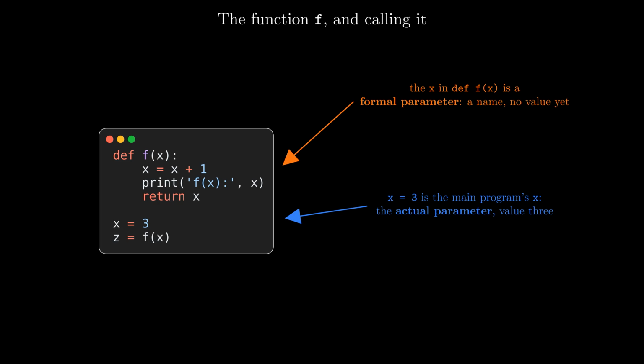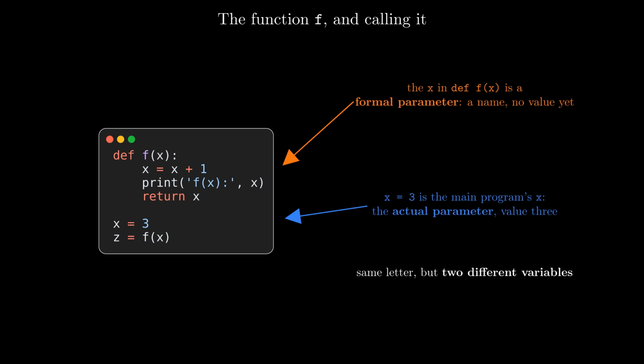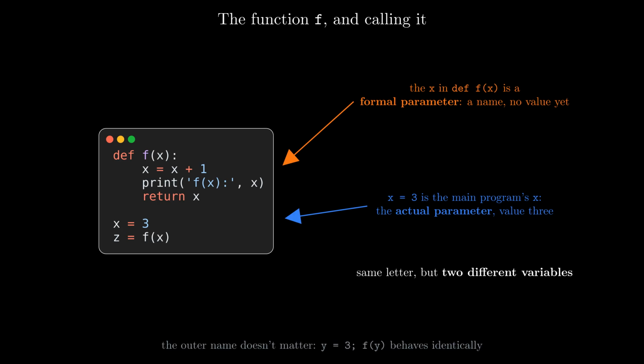The same letter x appears, but the x inside the main program is a different variable from the function's formal parameter x. The main program's value, 3, gets mapped onto the formal parameter, and the outer name doesn't matter. Writing y = 3 and calling f(y) will behave identically, because what we pass is the value 3. Let's trace it.